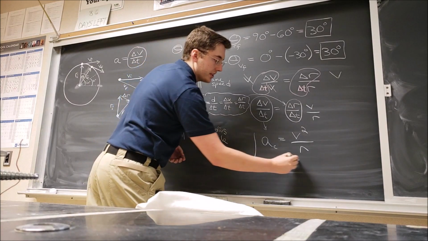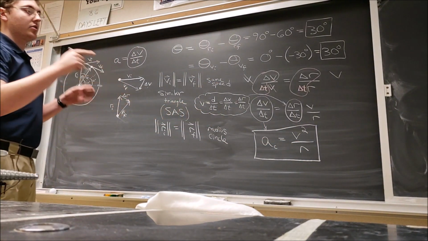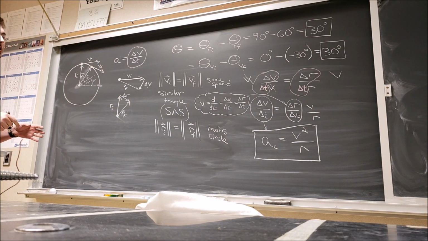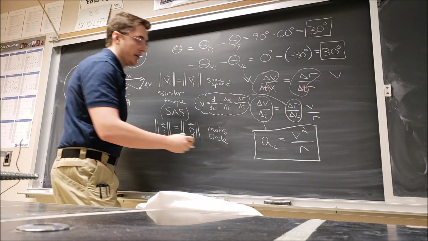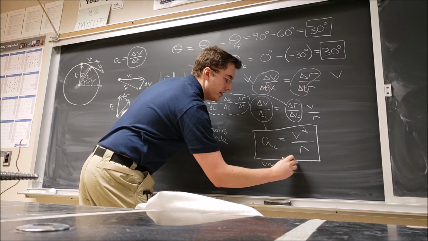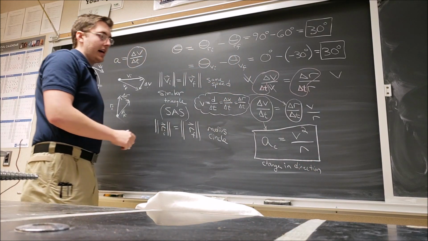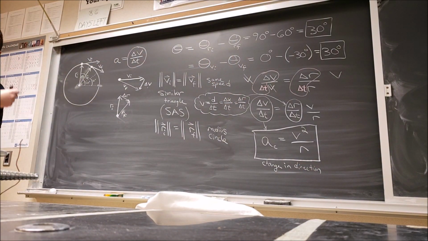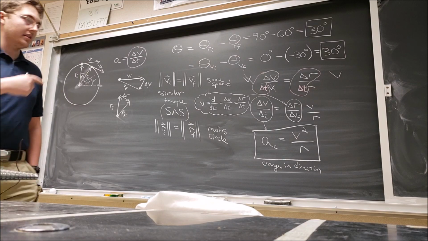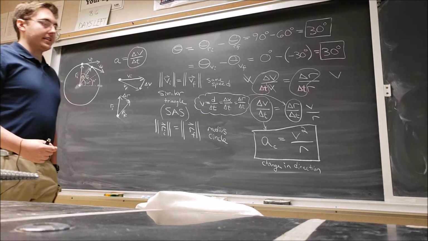So the centripetal acceleration is v squared over r. Now that's the acceleration that is only coming from a change in direction. Only coming from a change in direction. All right. It is not coming from a change in the magnitude of your velocity. It's only because you're changing direction. So we have this new form of acceleration.